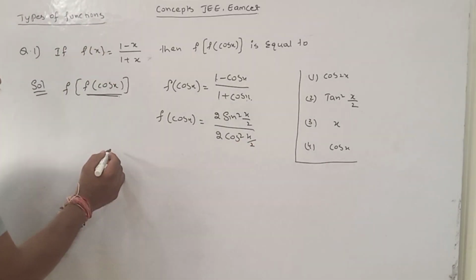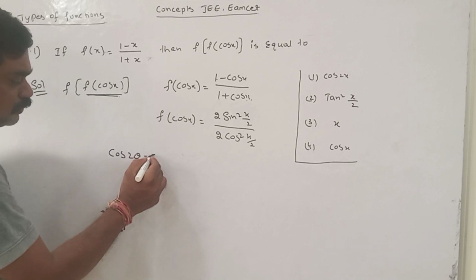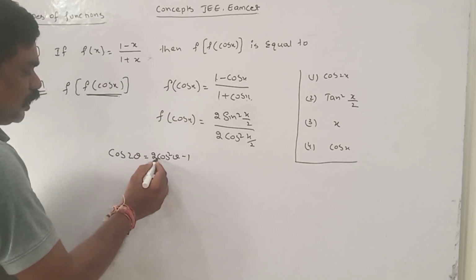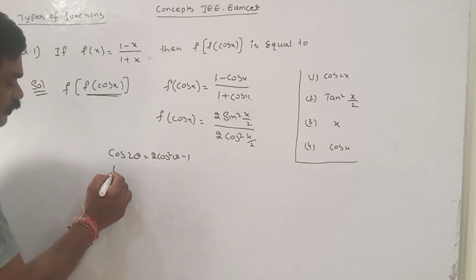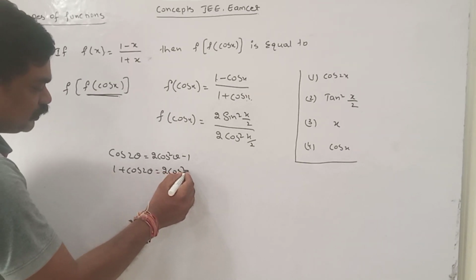Why? Because we know the formula cos 2 theta is equal to 2 cos square theta minus 1, then 1 plus cos 2 theta is equal to 2 cos square theta.